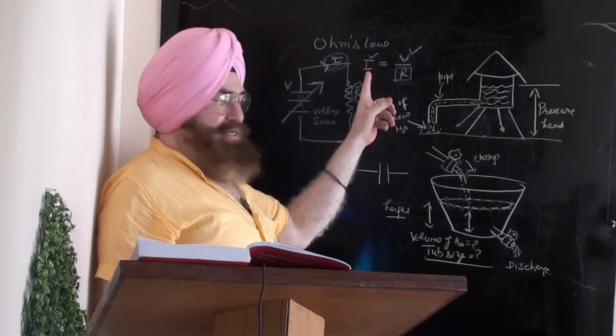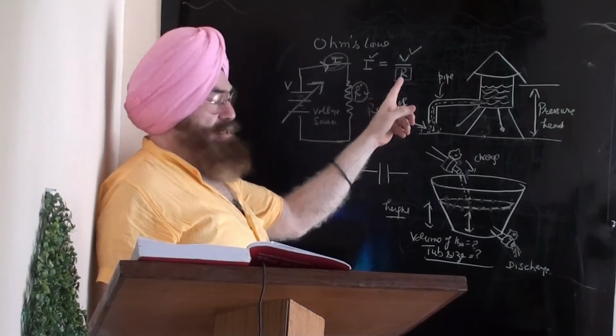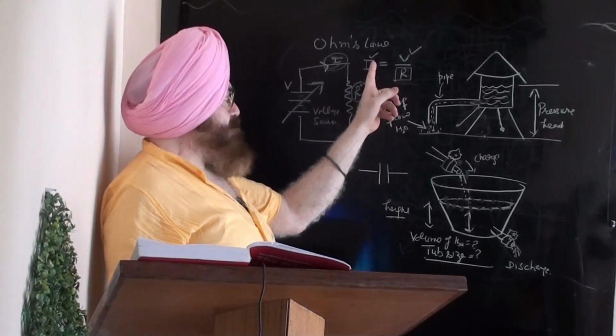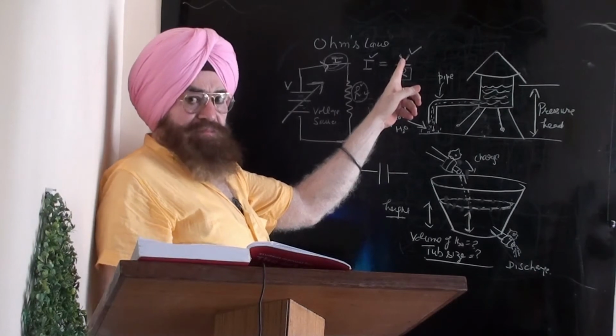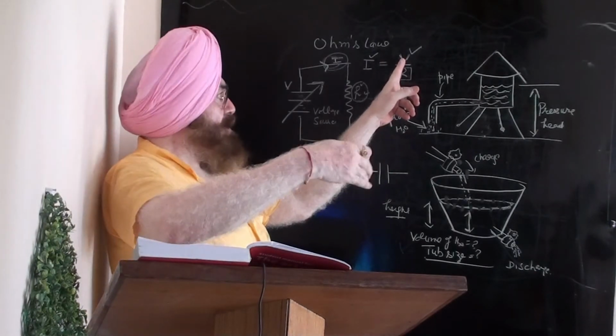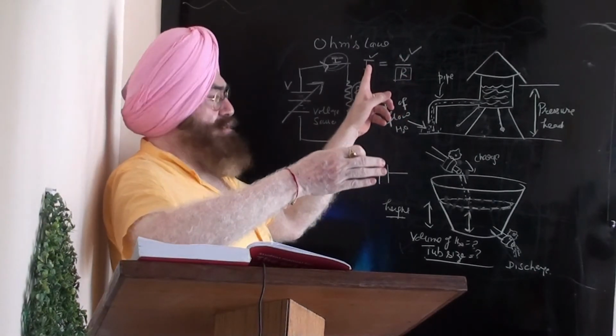As well as, I is inversely proportional to R, and I is directly proportional to V. Directly proportional means increasing V, I will increase.